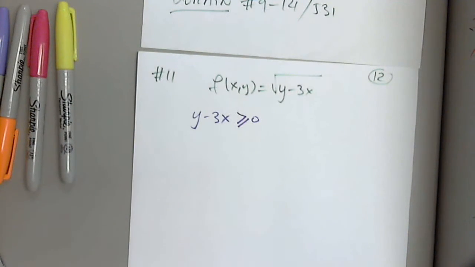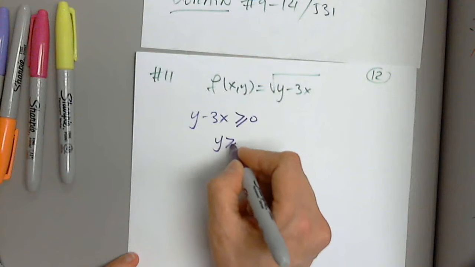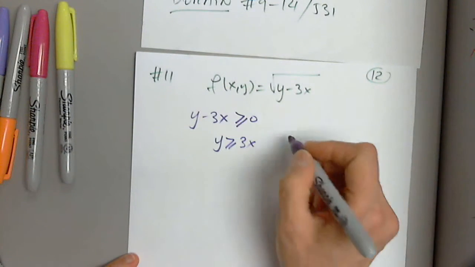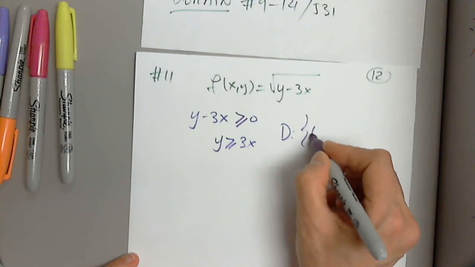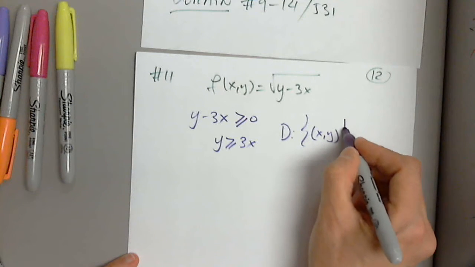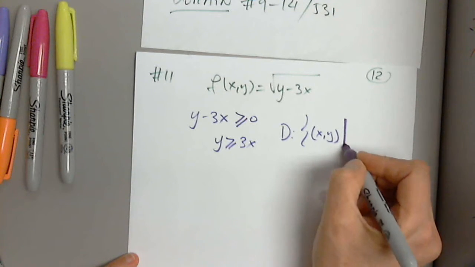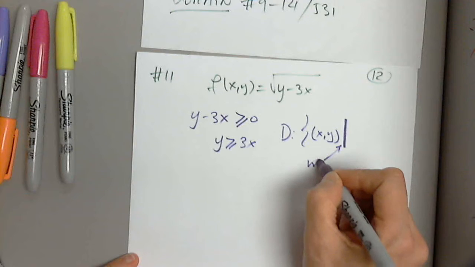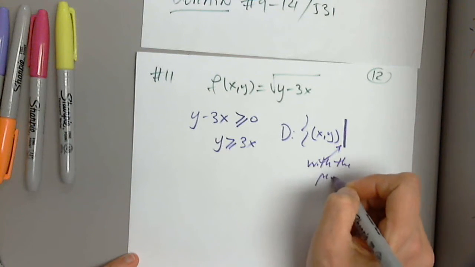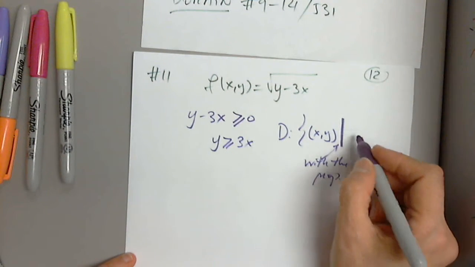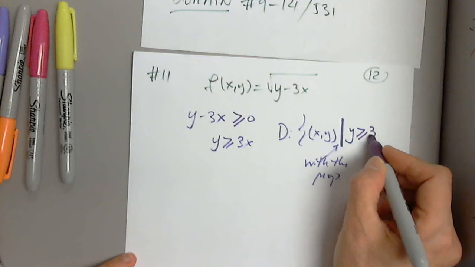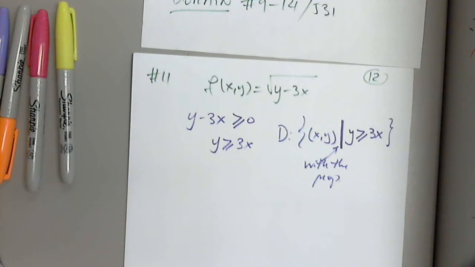That's all we can do. We cannot solve this. So the domain is all ordered pairs x comma y with the property that y must be greater than or equal to 3x. That's the domain. See if we need another.